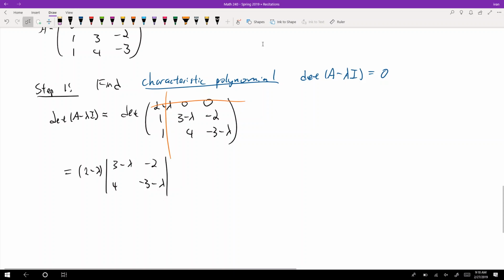Okay, what is that equal to? That is equal to 2 minus lambda times 3 minus lambda, negative 3 minus lambda, plus 8, right? Because 4 times negative 2 is negative 8, but you're subtracting it. So this is 2 minus lambda, lambda squared minus 3 lambda plus 3 lambda minus 9 plus 8.